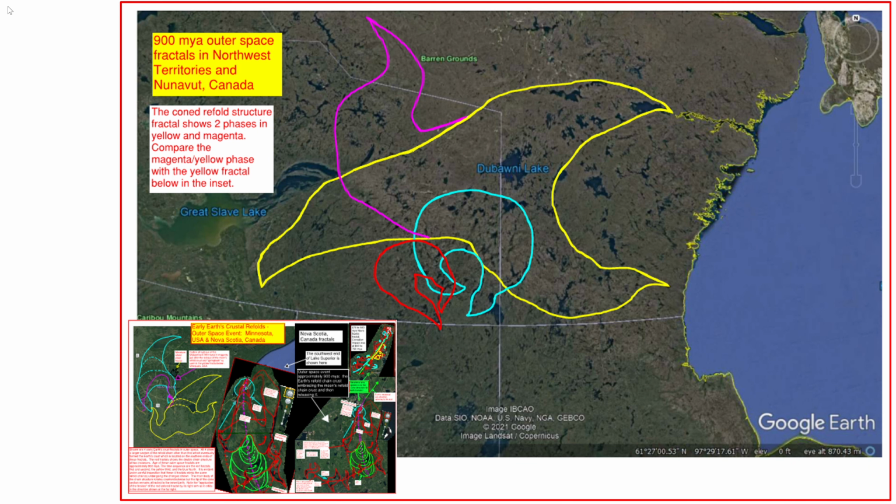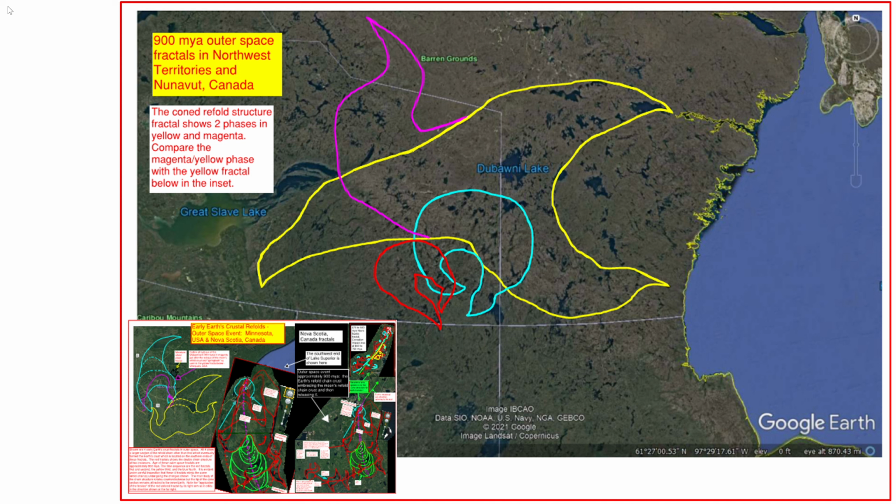Okay, this fractal is in Northwest Territories and Nunavut, Canada, and it shows similar character. The main featured fractal is in yellow, and also another phase shown in magenta. Those fractals are very similar to what's shown in the insert, this release of the moon. And as you saw in a couple of the previous slides, a lot of times there's no top cone section.